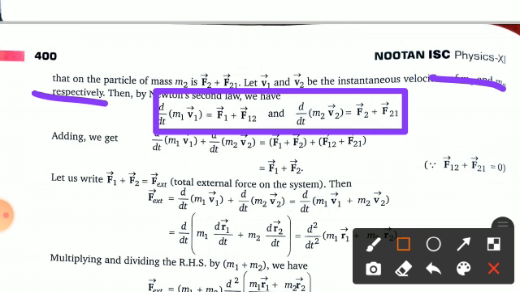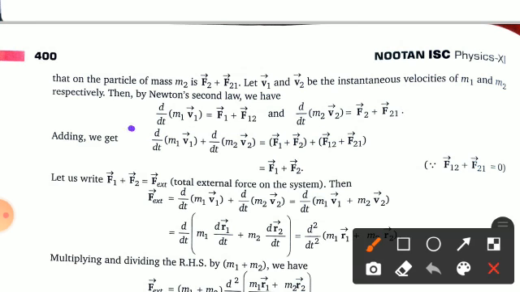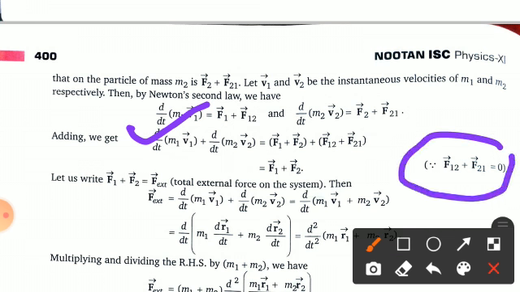If we add both these equations, we get d/dt (m1 v1 vector) plus d/dt (m2 v2 vector) equals F1 vector plus F2 vector plus F12 plus F21. As you know very well, the two internal forces are equal and opposite, so their resultant comes out to be 0. So finally we can write it in this form: F1 vector plus F2 vector.